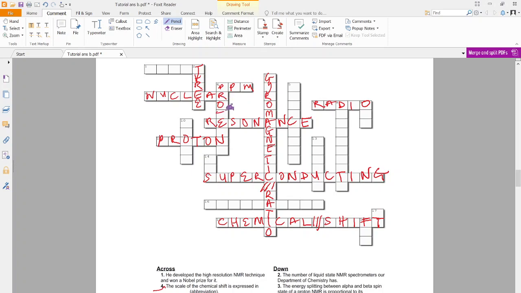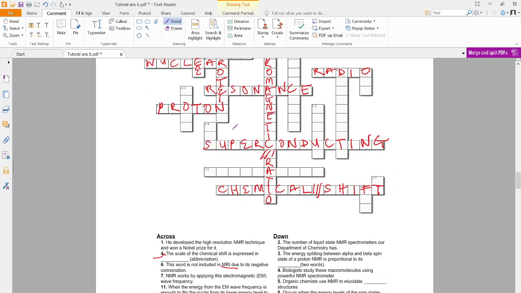Protein. Is that protein? There must be an S, right? So there must be an S because macromolecules. So proteins.